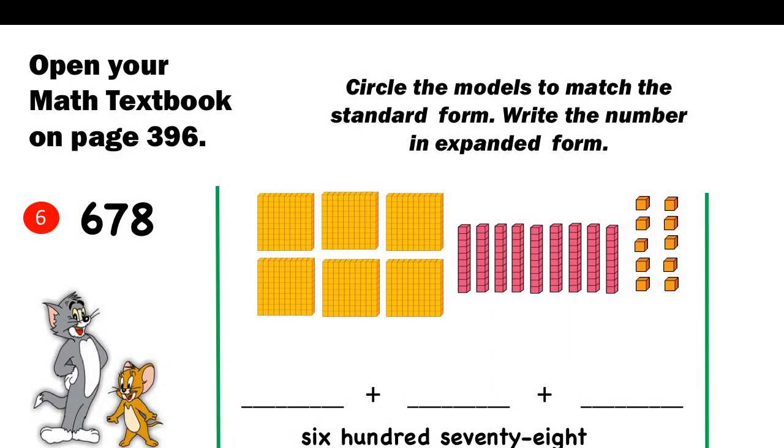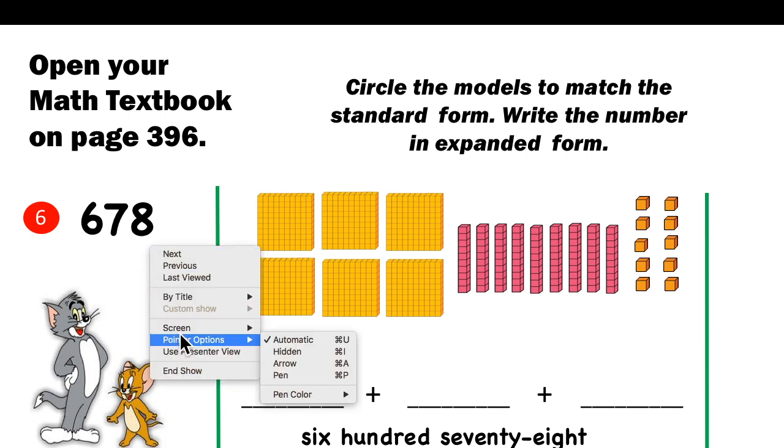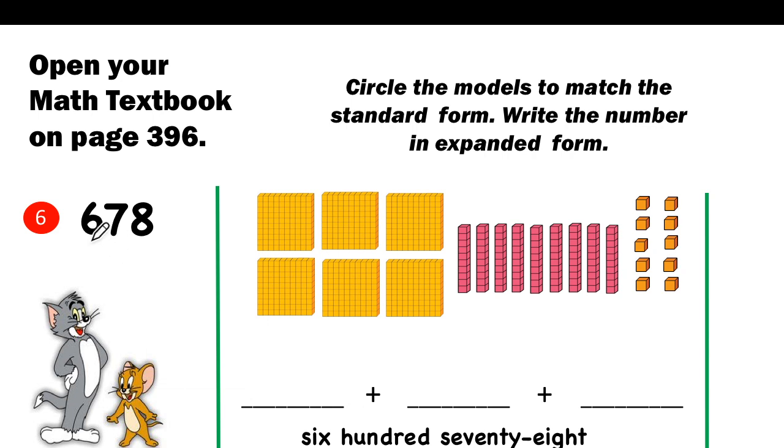Let's go to number 6. We have now a little bit different things to do. We need to circle the models to match the standard form. This is standard form. And then we will write the number in expanded form. So, standard form. It says 678. Let's start with hundreds. How many hundreds do we need to circle?